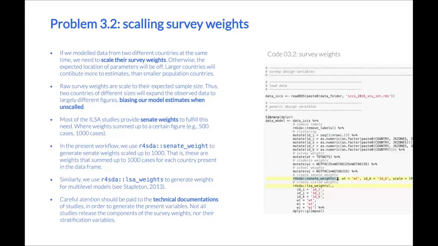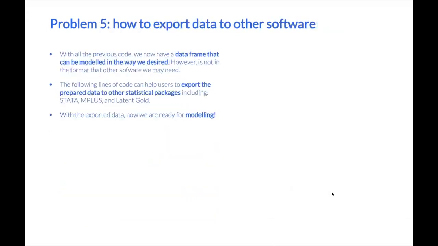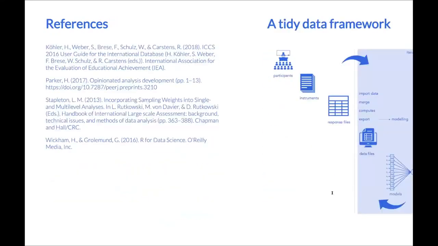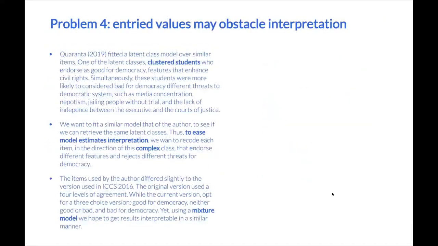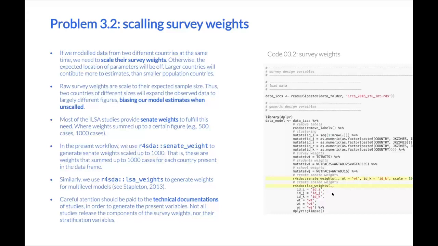So even if you have a subsample of a large scale study, you can still create these scale up weights. The only information that you need to do this is the original weight and the vector of the countries over which you're going to be creating these Senate weights.